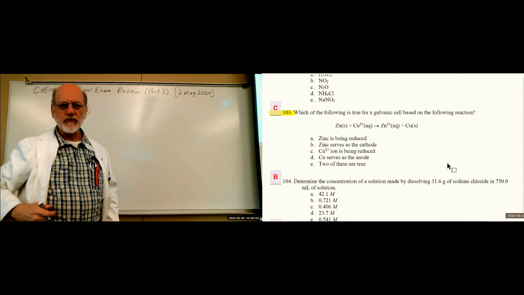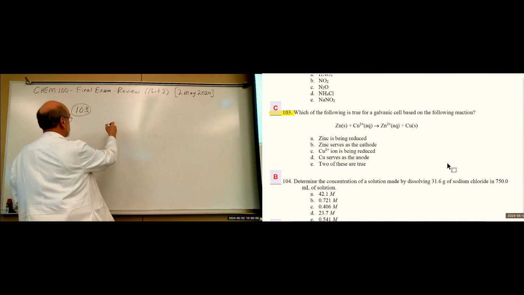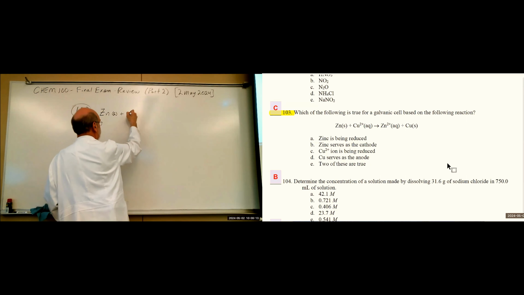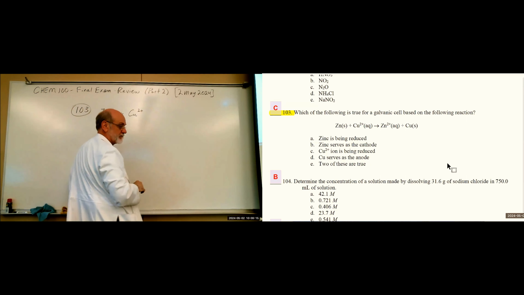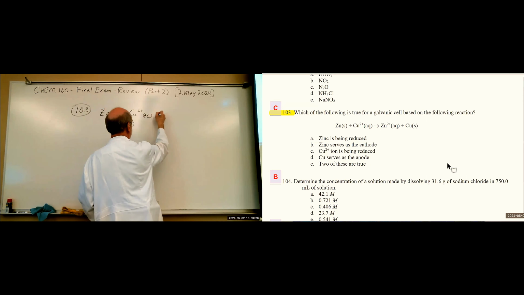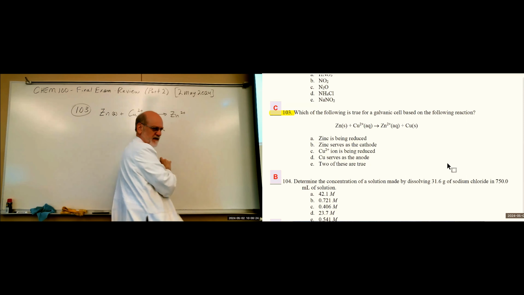Which of the following is true for a galvanic cell based on the following reaction? All right. So this is the overall reaction for our galvanic cell, our battery. Is it in that order?